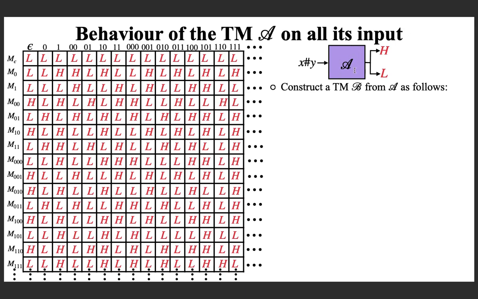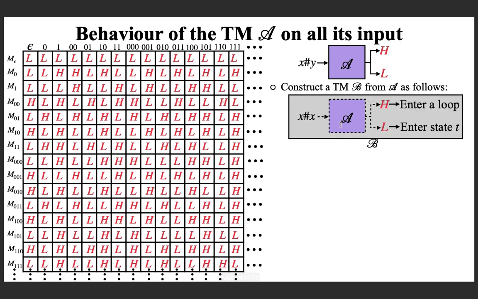By utilizing A as a subprocedure, I am going to construct another Turing machine. This is that construction. What I do is, I am giving x hash x as input. What is x? X is a binary string. So the same binary string is given here as well. What is it representing for A, for this Turing machine?